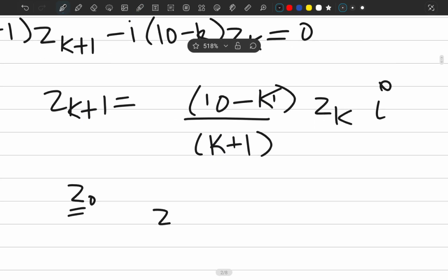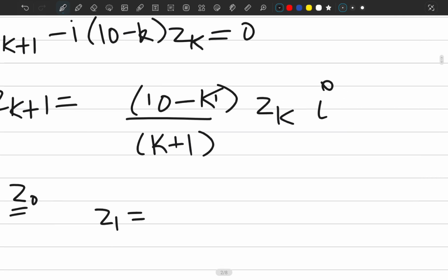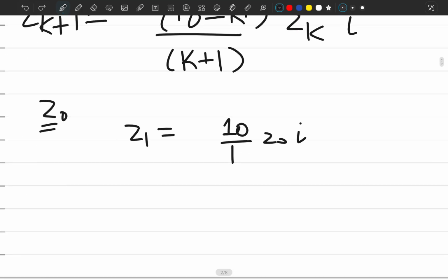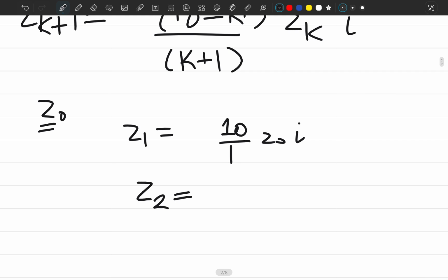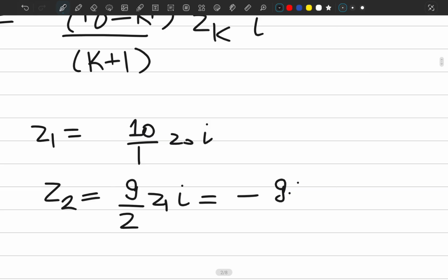So what will be z1? z1 will be 10 by 1 z0 iota. Next, if we see z2, it will be 9 by 2 z1 iota. That will be equal to 9 into 10 by 2 z0, right?